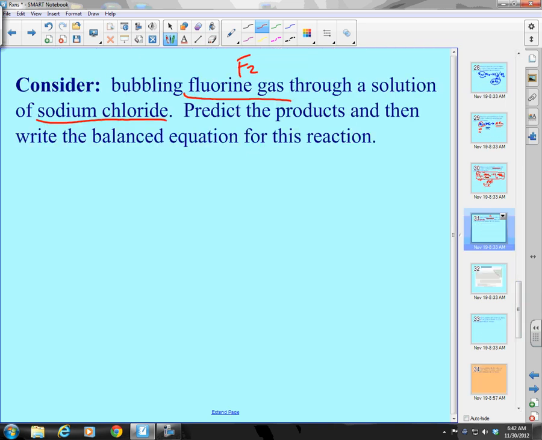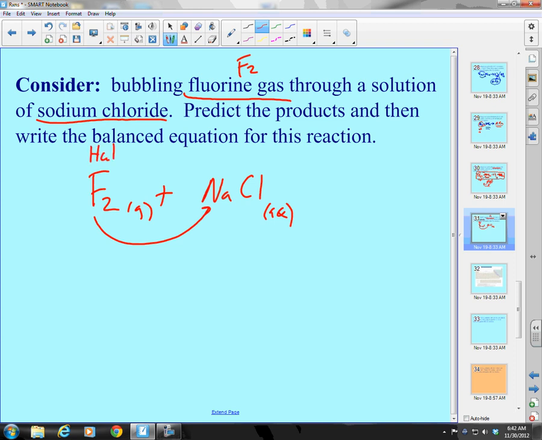So what's going to happen here? I have fluorine gas, and it's going to react with sodium chloride. And what's it going to want to do here? This is a solution. Well, the fluorine, is it going to want to remove the metal? No, no, no. This is a halogen. What does the halogen want to replace? It wants to replace another halogen, right? Good.